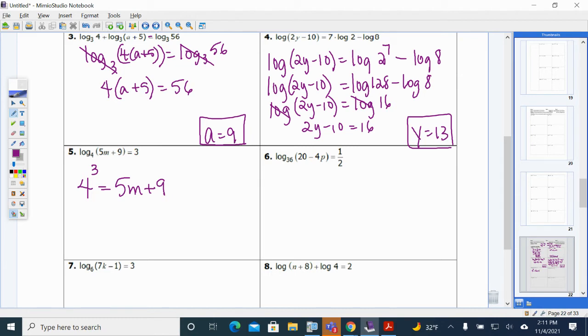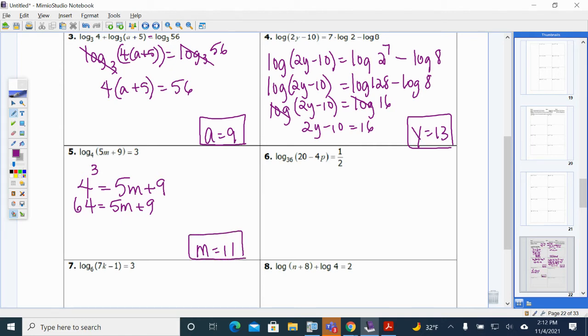So go ahead and do 4 to the third power. 4 to the third power is 64. You'll finish solving that. In your notes, you should have all of the solutions written out here. You get down to m equals 11. Check your answer, and it does work.